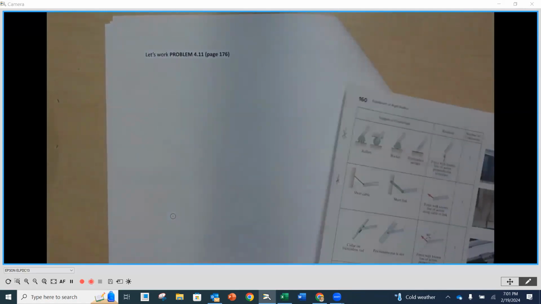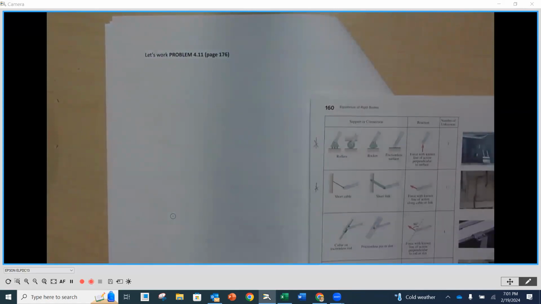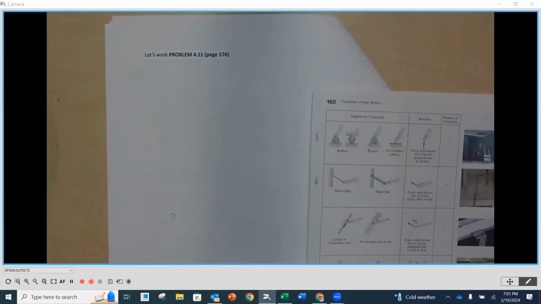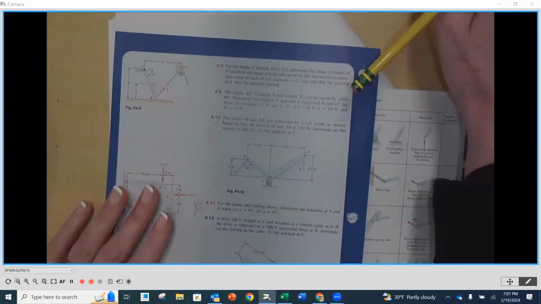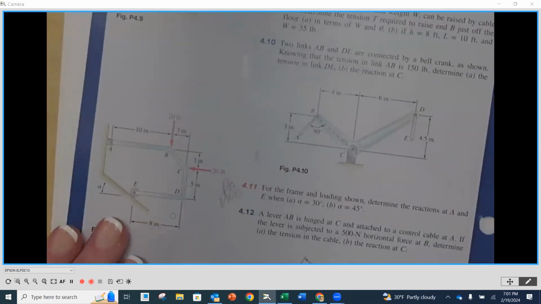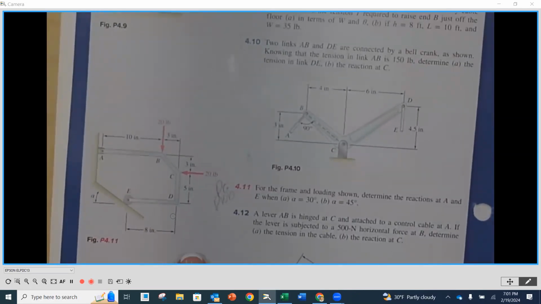This is on page 176. So this is going to be back in the problems portion of the book. And this is 411. All right, here's 411.